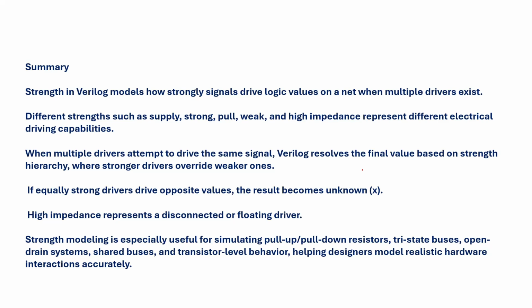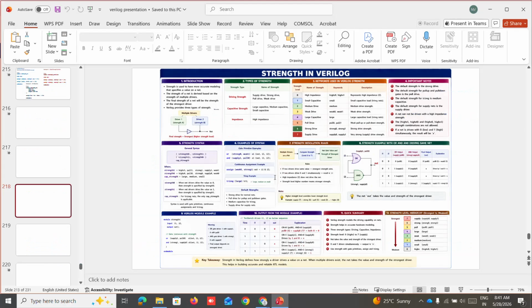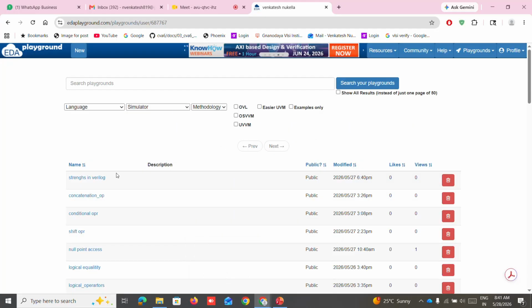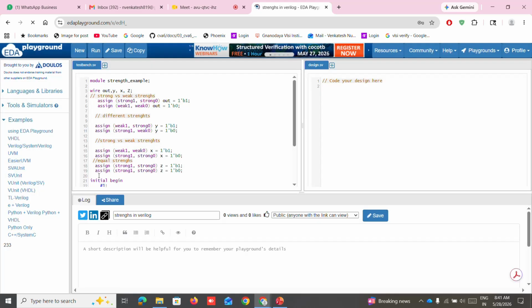I want to show you the output here. Is my screen visible? Tell me what output we are getting in the first one. Strong is the output we are getting, so output 1.